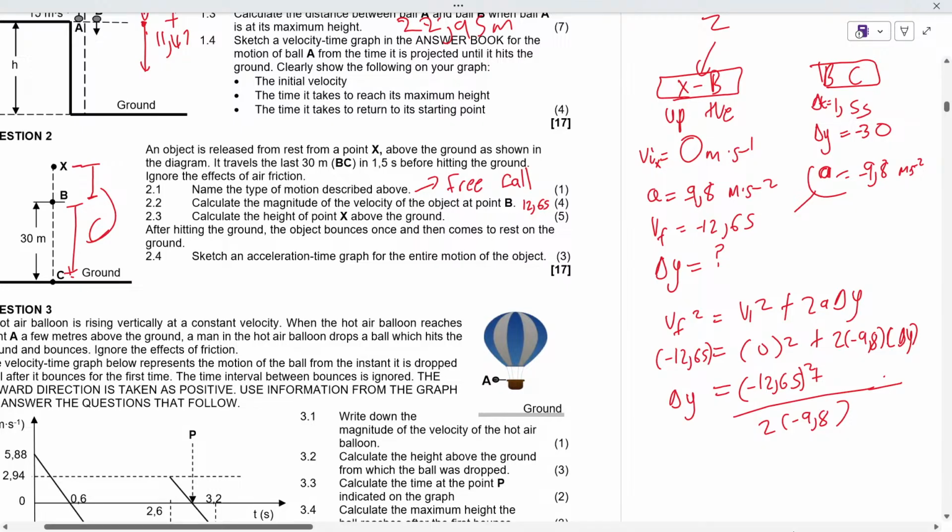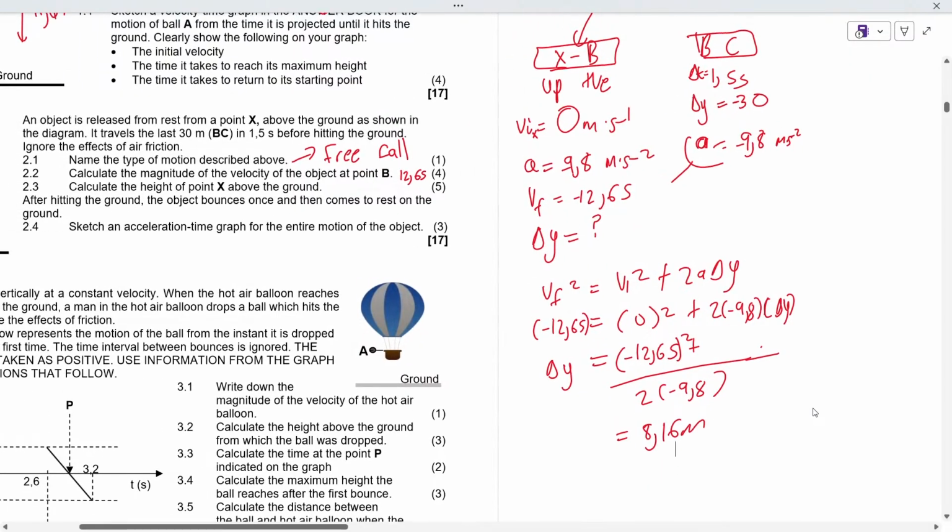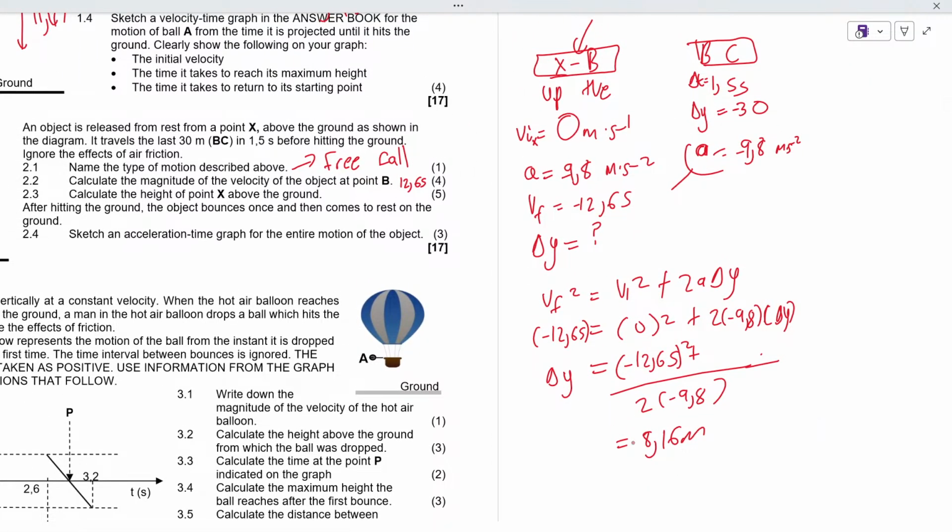That gives 8.16. Okay, so is it negative or positive? Negative. Okay, it means it's covered going downwards.